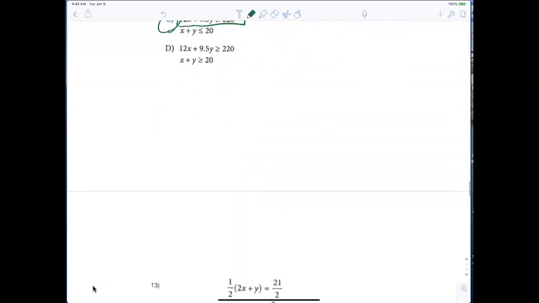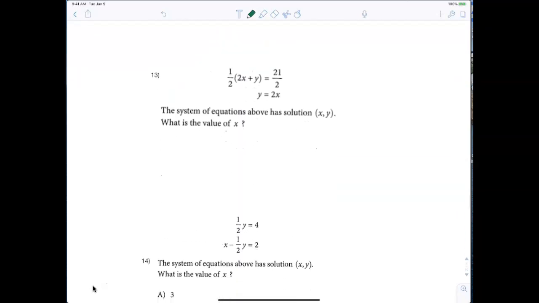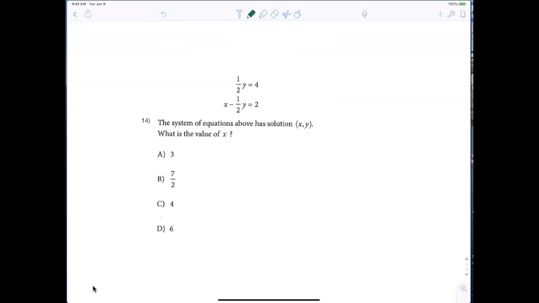All right. Let's look at 13. Now, this one we could definitely do a substitution on. Put that into there and solve. So that one's pretty easy. All right, 14, they're trying to mess with you. What does y equal in number 14? 8. Thank you.